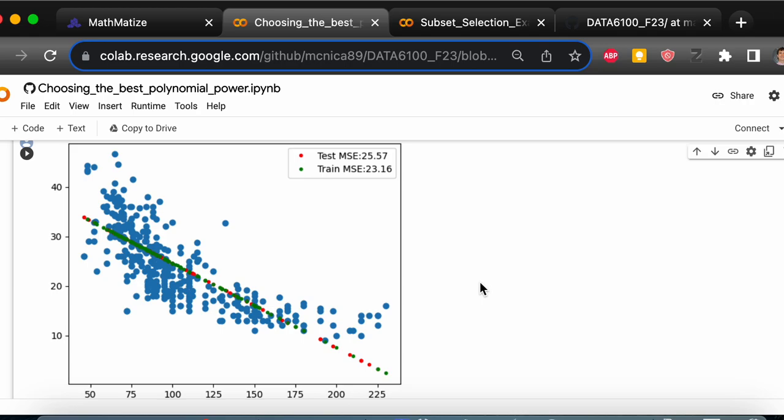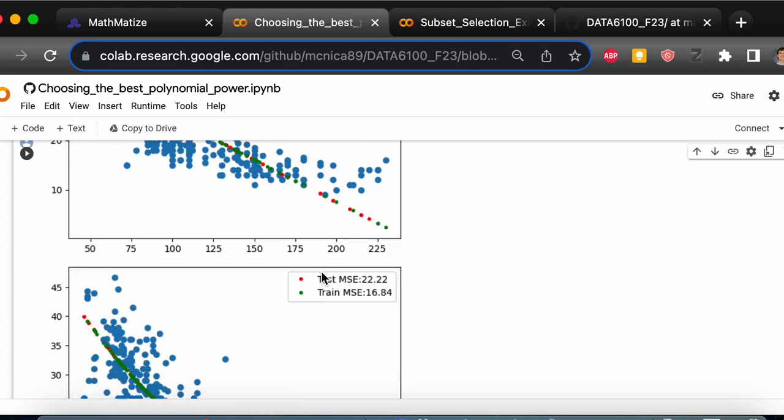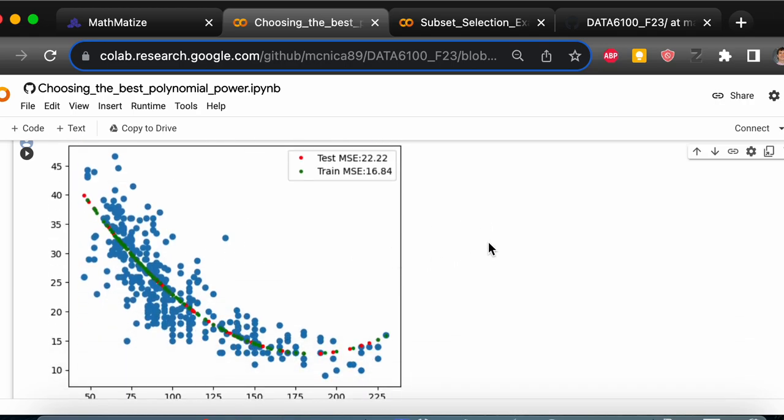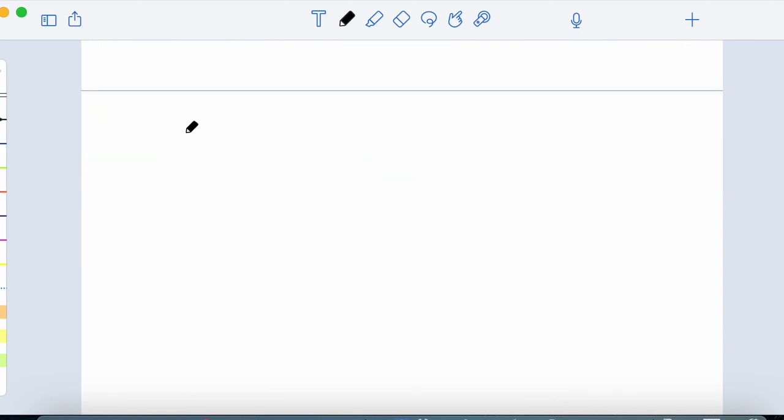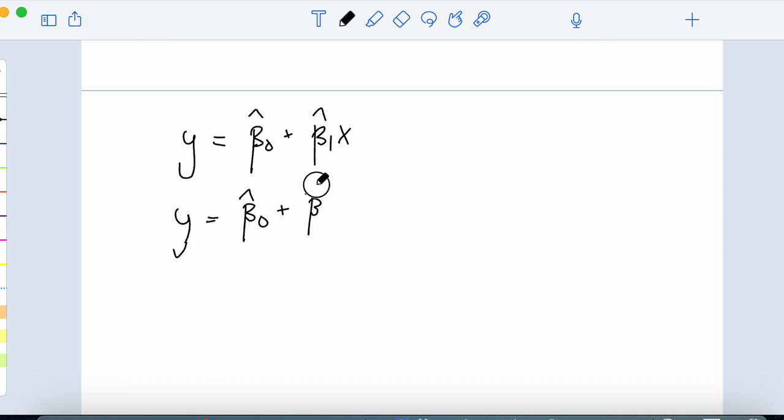Okay, that is a linear one. The next one is a quadratic one. So in this one, we used 2 variables. We went from y equals beta hat 0 plus beta hat 1 x, that's what we did before, and now we're doing y equals beta hat 0 plus beta hat 1 x plus beta hat 2 x squared.